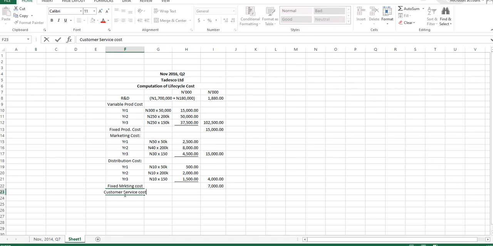30 naira, 20 naira, 20 naira. Okay, I'll just write 30 naira. Second one is 20 naira. Third one is 20 naira.